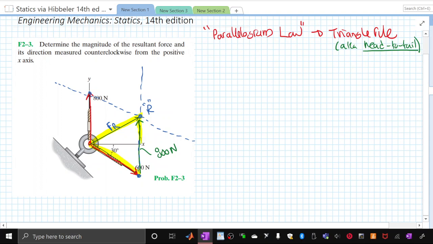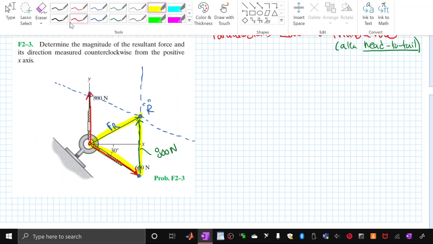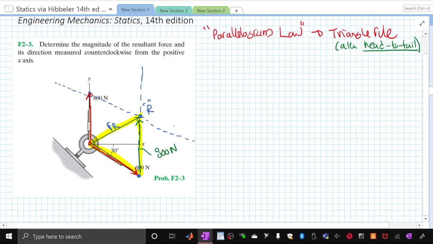Now I want you to focus your attention on this triangle right here. Remember that in calculations with vectors, the length of the ray of the vector represents the magnitude. It does not mean that from here to here is 600 newtons or 600 feet or anything.